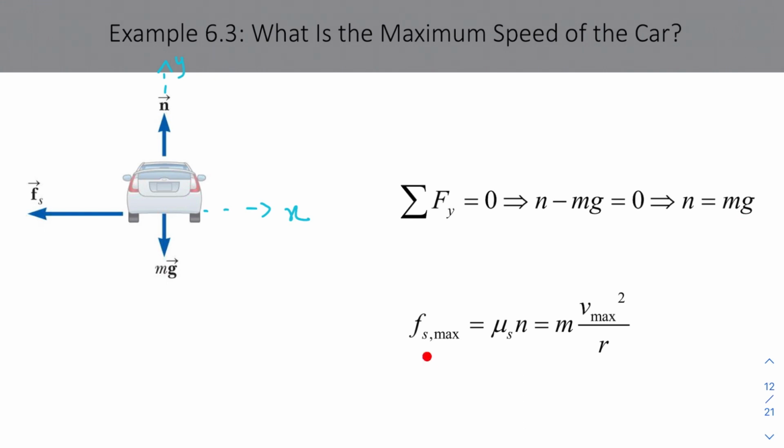And we always know that Fs maximum is equal to mu s N. And our Fs here is the centripetal force, because it is the only force that keeps the car moving in a circular path, or the only net force along x.